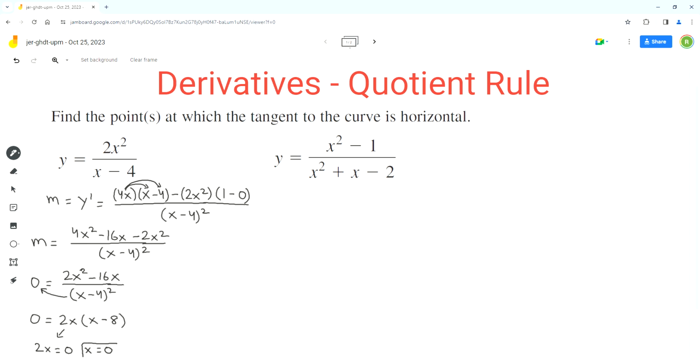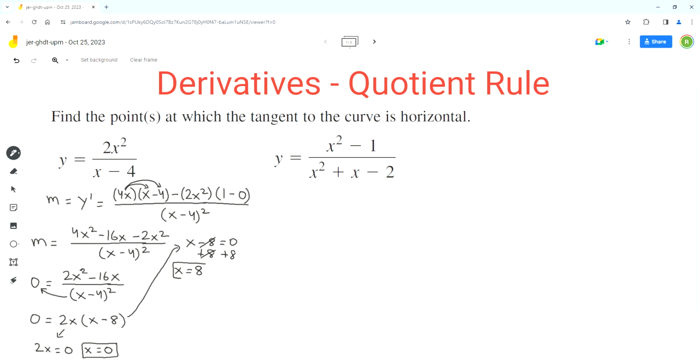So this is the first x value at which the tangent is horizontal. And the second x value is, so we set x minus 8 equal to 0, and then we add 8 to both sides. So the second x value is x equals 8.